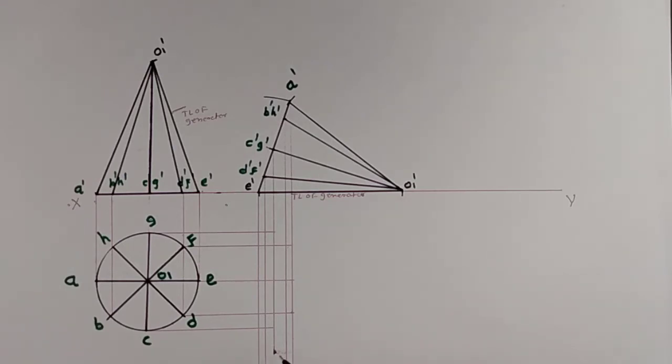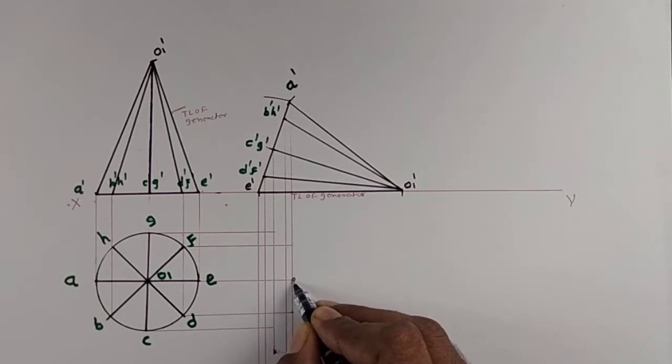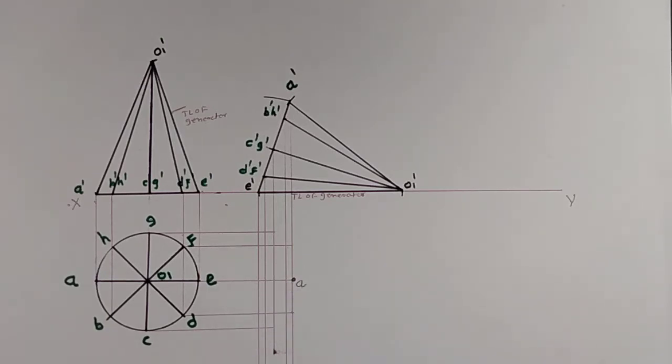Now first I mark the points. Where is A? A is here. Where is B? B is here.